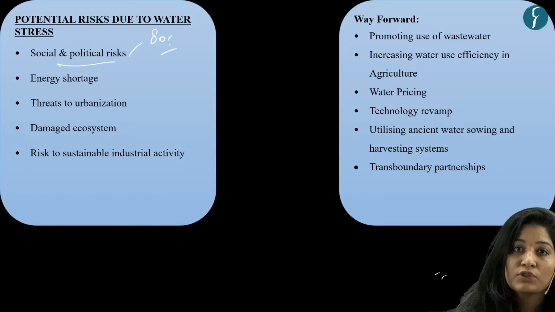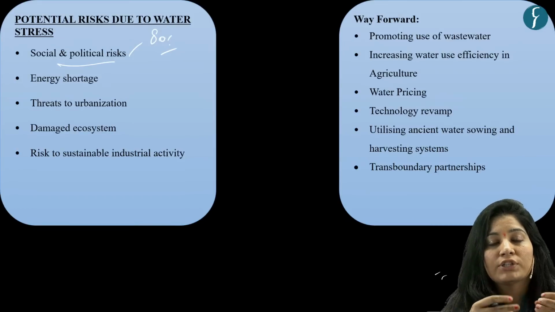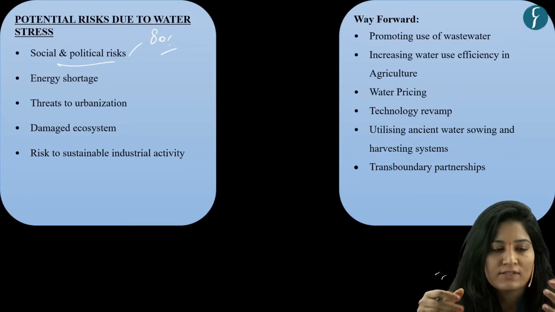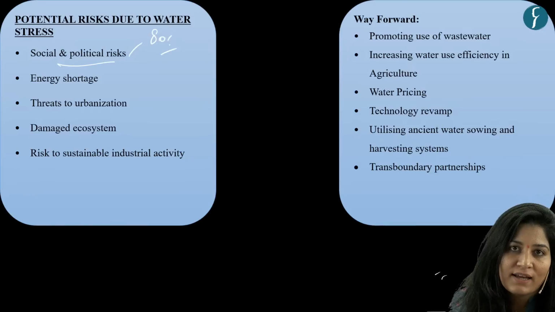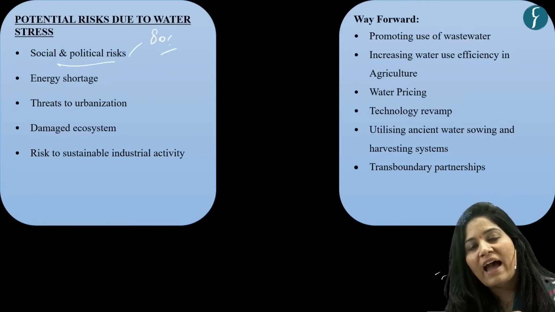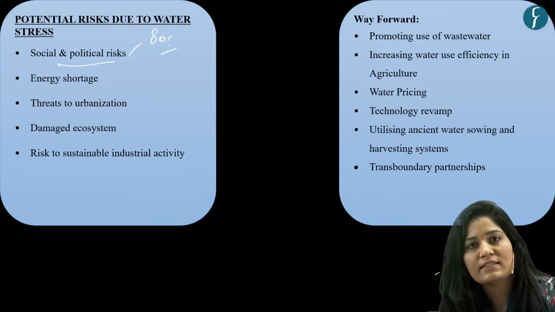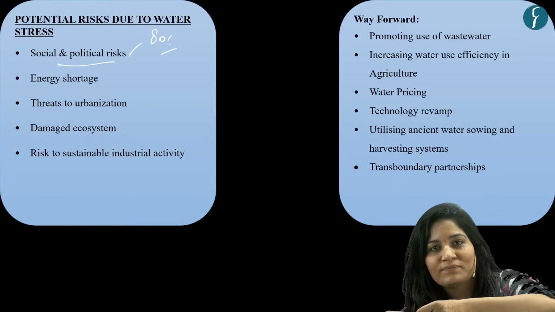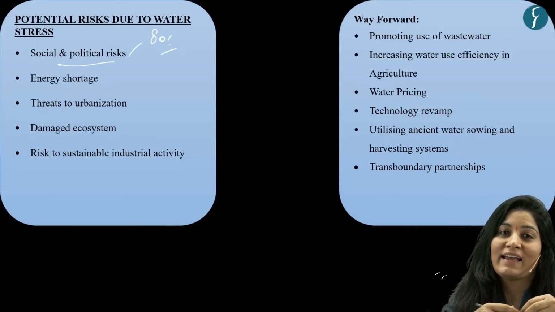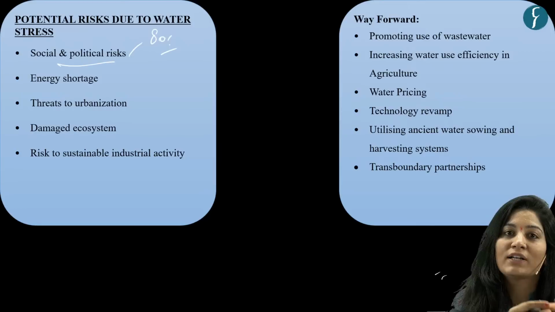Then just now I told you how polluted water can lead to various ailments. Okay, so it will hamper health also. Now, the cumulative of health problems and food scarcity will lead to social unrest. Okay, and this social unrest will in turn affect political stability.